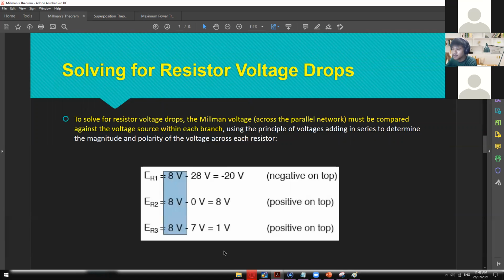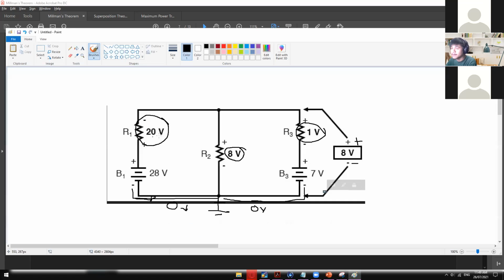So unahin nyo lang yon and then deduct the battery that is on that branch. For branch number 1, we have 8 volts minus 28. And then 8 volts naman sa pangalawa, of course, 8 volts pa rin minus 0 volts. And for the last branch, it's 8 volts minus 7 volts. So that is why we have those values, 20 volts in here, 8 volts in here, and then 1 volt in here.